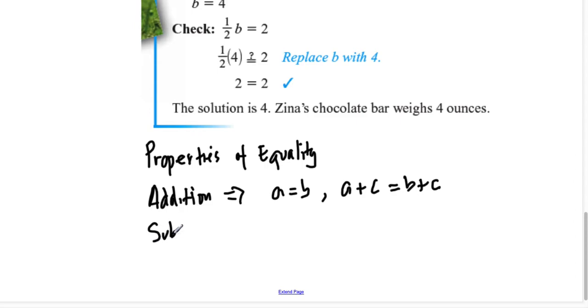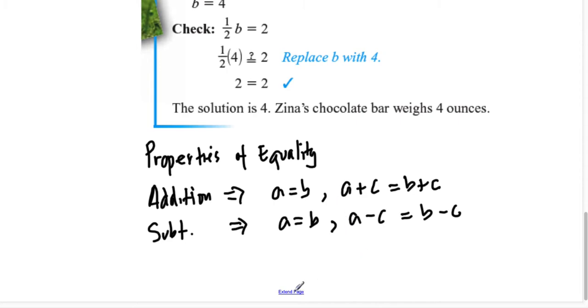In the subtraction property of equality, when you have A equal to B, you have A minus C is the same as B minus C. Whatever you subtract from one side, you need to subtract from the other side.